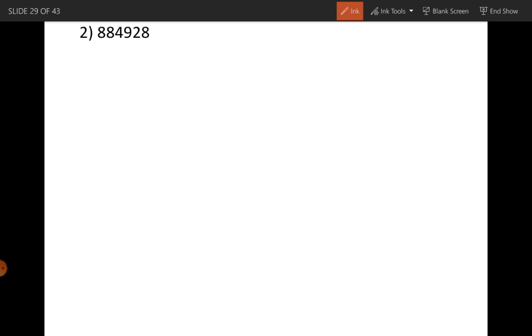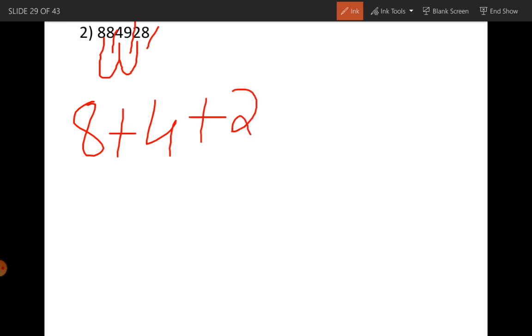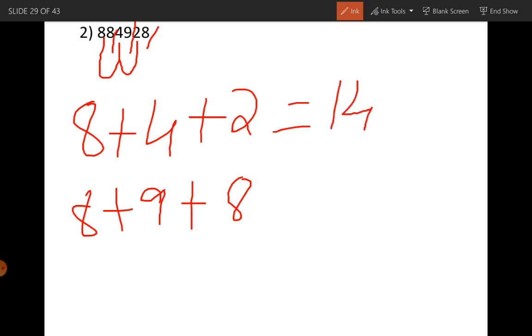Next, alternate digits 8, 4, 2, and then 8, 9, 8. 8 plus 4 plus 2, and next is 8 plus 9 plus 8. 8 plus 4 is 12, 12 plus 2 is 14, and 8 plus 9 is 17, 17 plus 8 is 25.